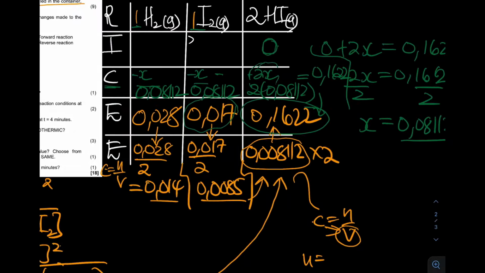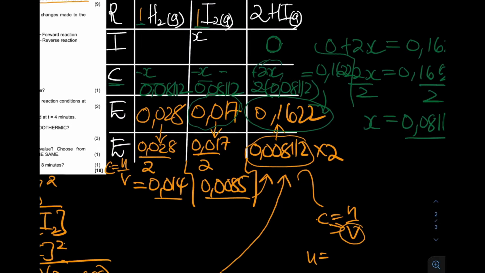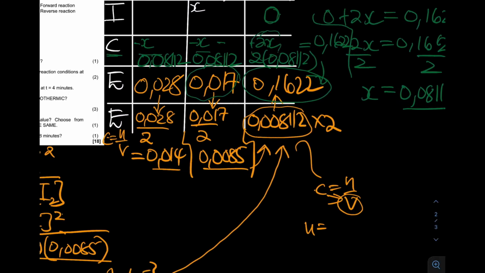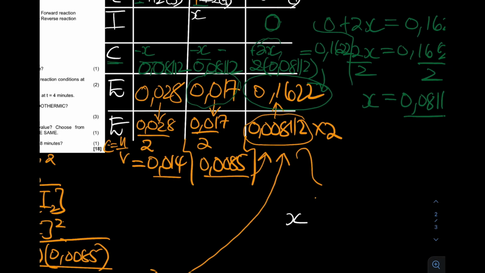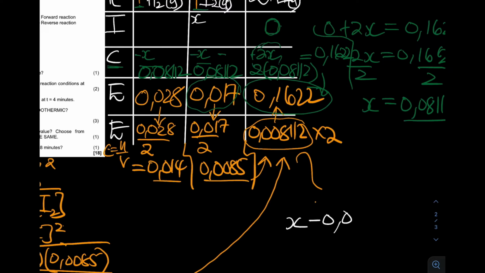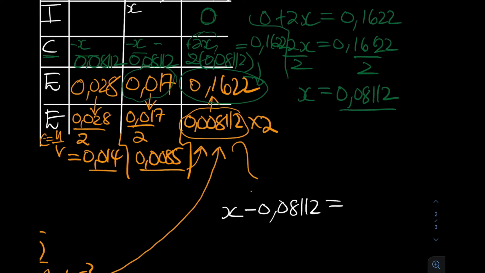So this is x. We're going to do a little bit of math as well. So we'll say x minus 0.08112 is equivalent to 0.017.